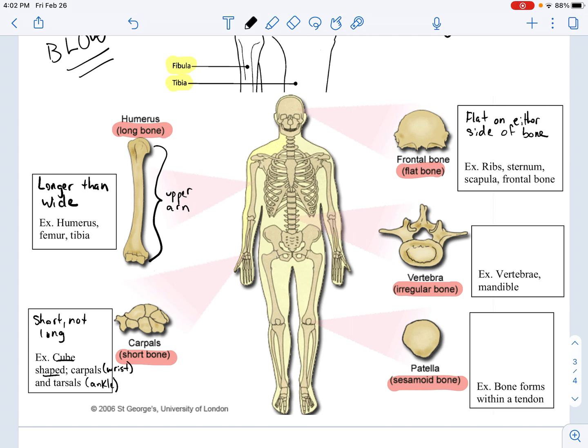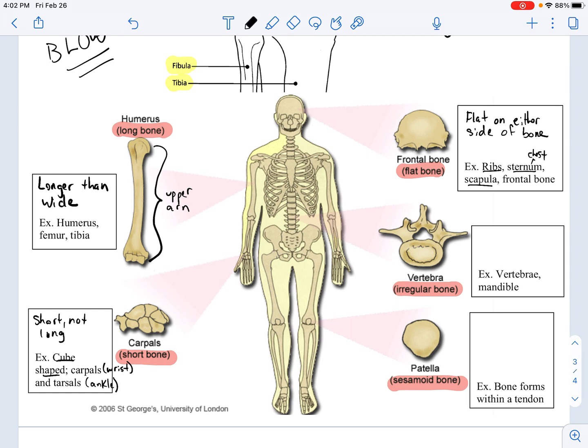The frontal bone of your skull is actually very flat. Your ribs, your sternum, which is in the middle of your chest, and your scapula, which is your shoulder blade, are also flat bones.